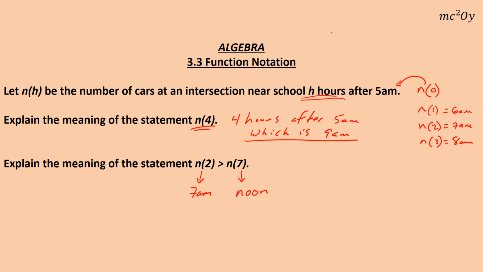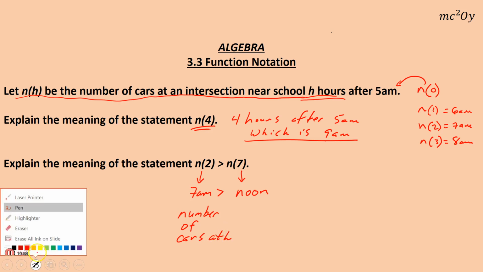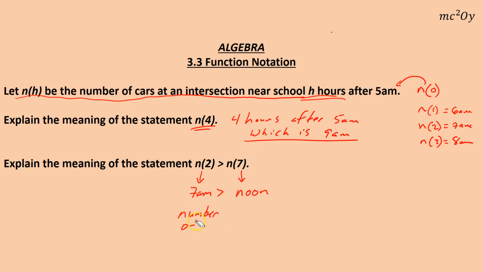Okay? And so this says 7 a.m. is greater than noon. Well, it doesn't make much sense. n of h is the number of cars at the intersection near a school. Let me write that differently here. I'll write the same thing, but kind of write it out.